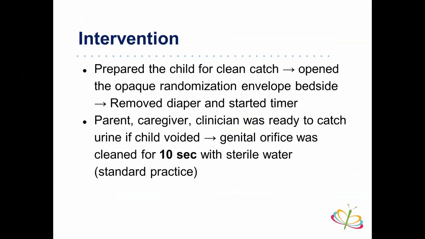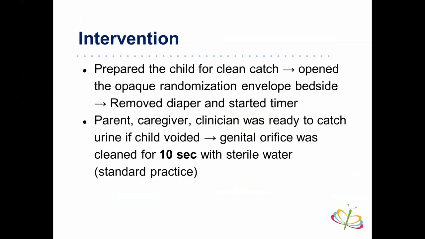Intervention: for both arms, the usual care arm and also the quick wee method, they prepare the child for a clean catch, they lay them on the bed. They then open this opaque randomization envelope, which would tell them whether the baby would be randomized to either the standard care arm or the intervention arm, and then they would remove the diaper and start the timer for the 5 minutes.